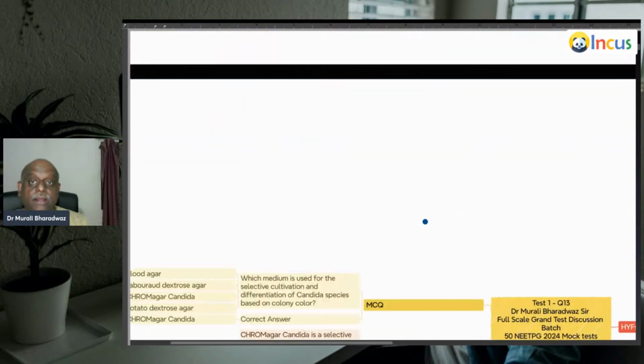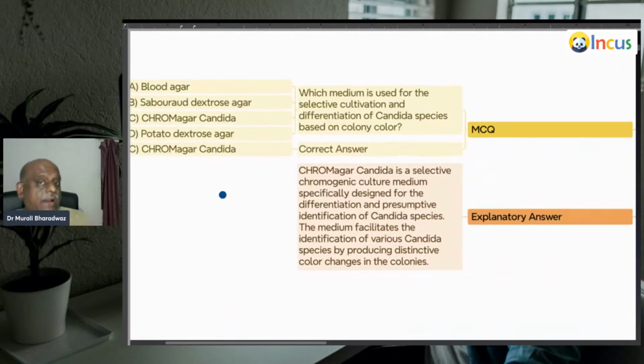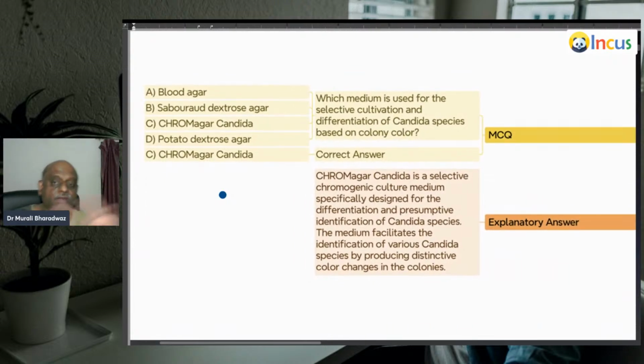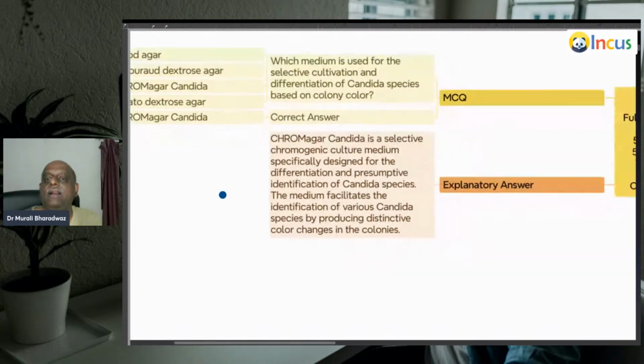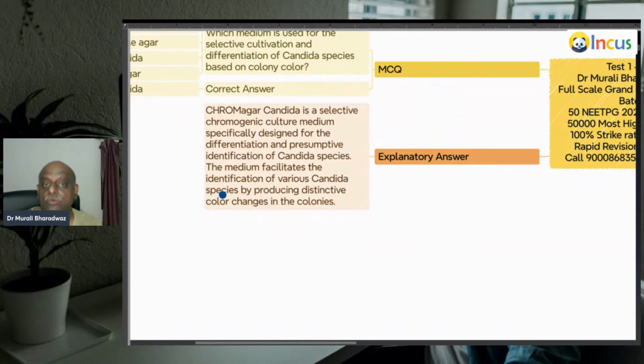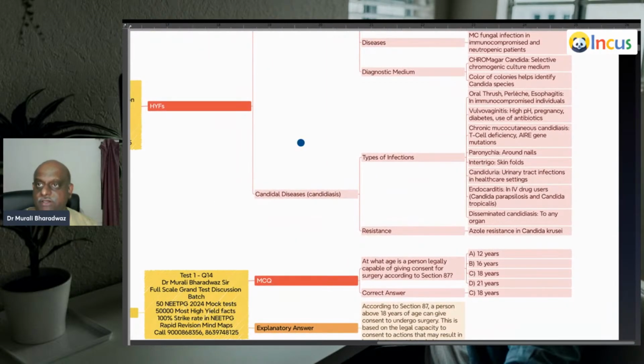So now, which medium is used for selective cultivation and differentiation of the Candida species based on the colony color? The name itself says, CHROMagar Candida is a selective chromogenic culture medium. So everything about Candida you need to know, doctor.